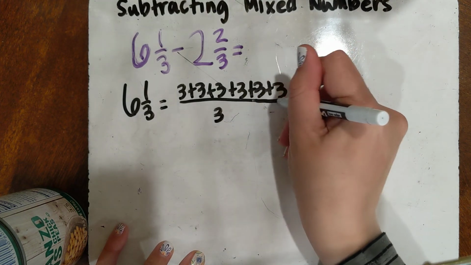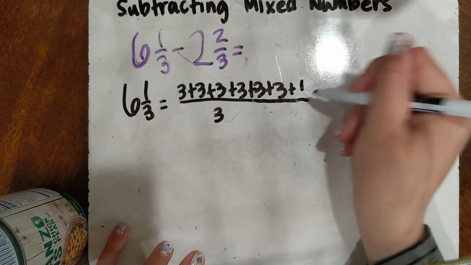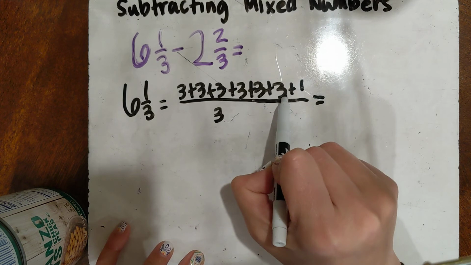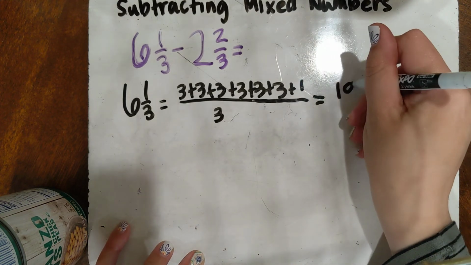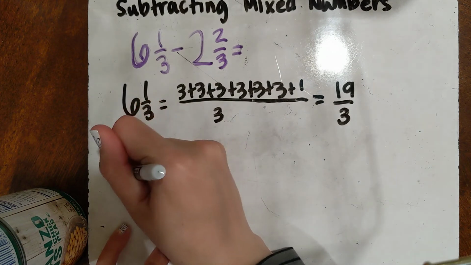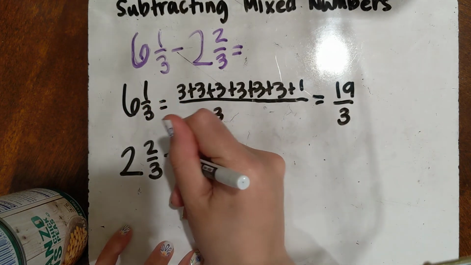And then I need my fractional part, which is 1/3 plus 1. And that is equal to 3, 6, 9, 12, 15, 18, 19. 19/3.